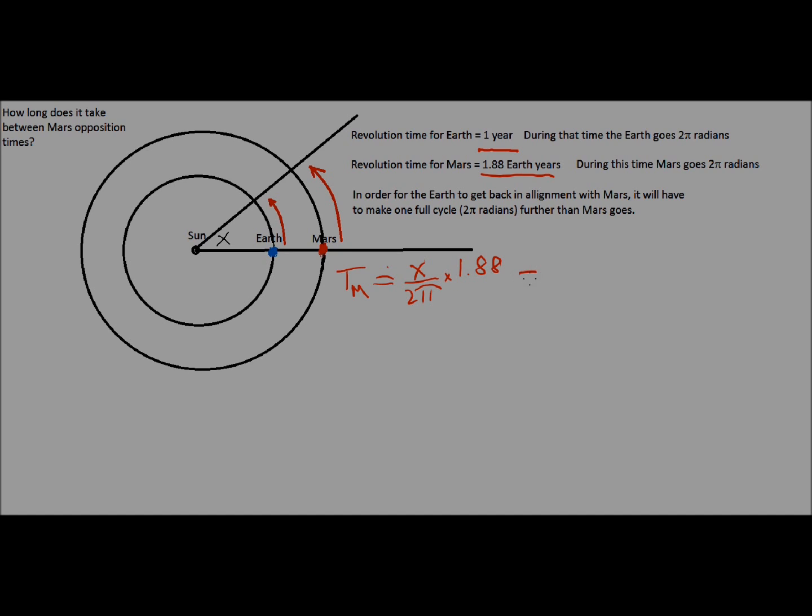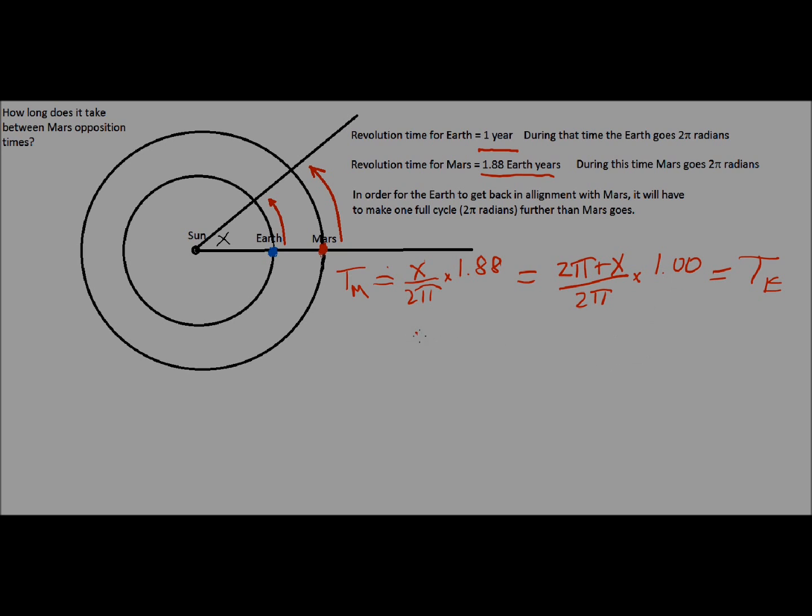Now we can set that also equal to the time for the Earth to get back in opposition with Mars. But it will have traveled 2 pi plus x radians divided by 2 pi. And each of those cycles, that's the total number of cycles, is 1.0 years.